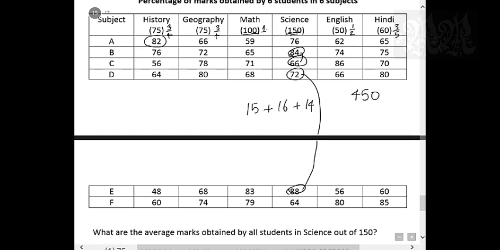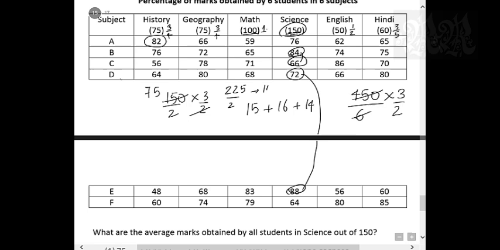You don't want the total, you want the average. 450 divided by 6, into the multiplier for 150, which is 3 by 2. 3 can be cancelled, so you have 150 by 2 into 3 by 2. You can further cancel 2: 75 into 3 by 2. What is 75 into 3? 225 by 2, which is 112.5.